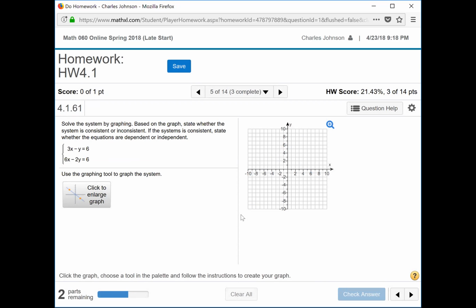Okay, so this is the one that I was looking for right here. Okay, so do you see on these two lines, do you know how to find the intercepts of these lines?